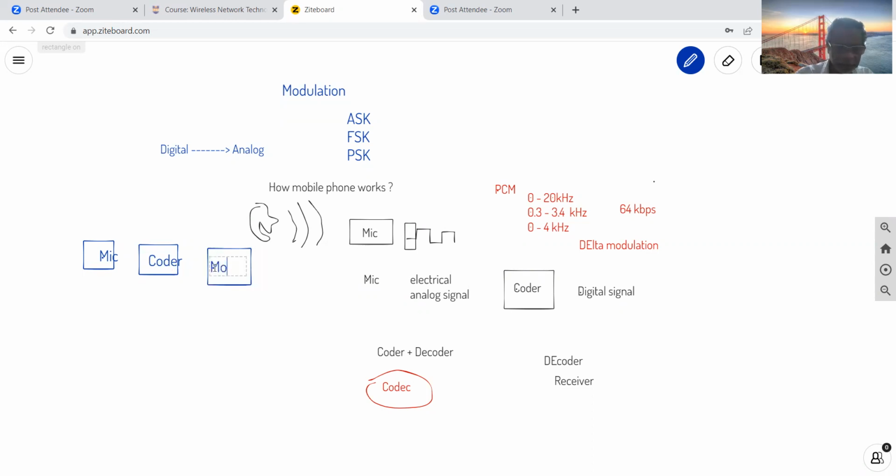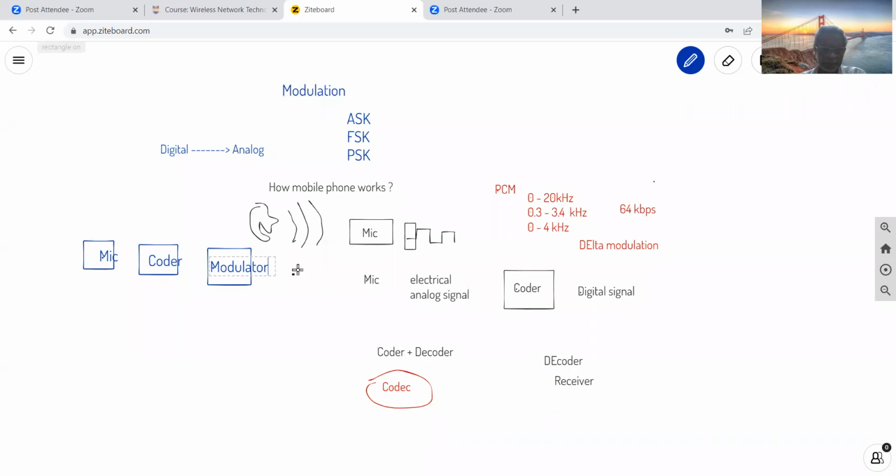The modulator will modulate your signal. After the microphone, this analog signal comes into the coder. The coder will convert it to a digital signal. Then it comes to the modulator, which converts it again to an analog signal.